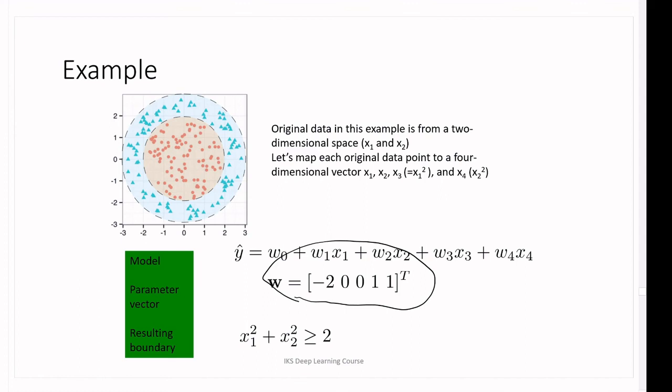If I map it into lower dimensions, it basically represents a decision boundary which can be given by x1 square plus x2 square greater or equal to 2, which is actually the equation of a circle as the boundary. So essentially what we have done is we have solved the problem of nonlinear boundary by mapping these features into a higher dimension. So pretty neat way of doing things.